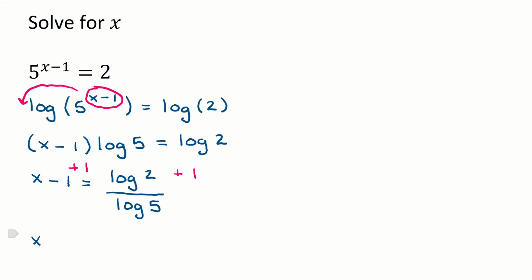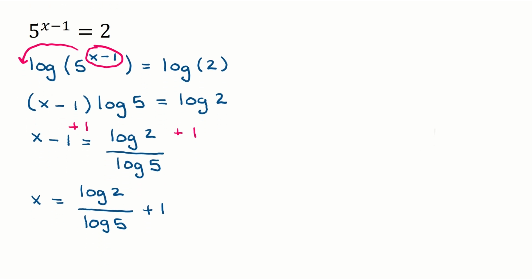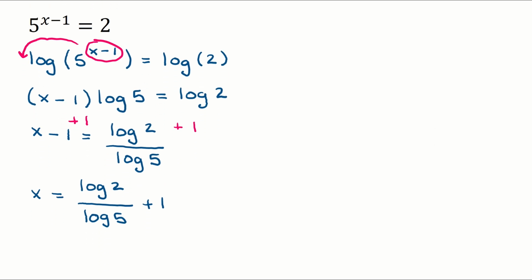So we know that x, and this is x in its exact form, is equal to log of 2 divided by log of 5 plus 1. So you can leave it like that if you want to keep it in its exact form, or we can estimate it as a decimal, and if we do that, we get x is equal to approximately 1.43.